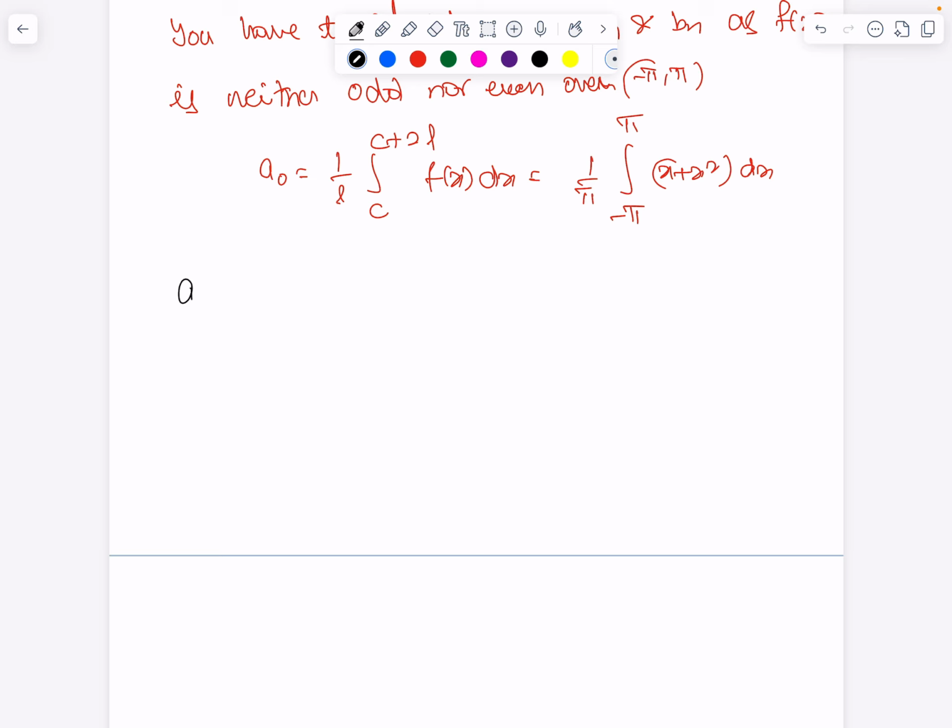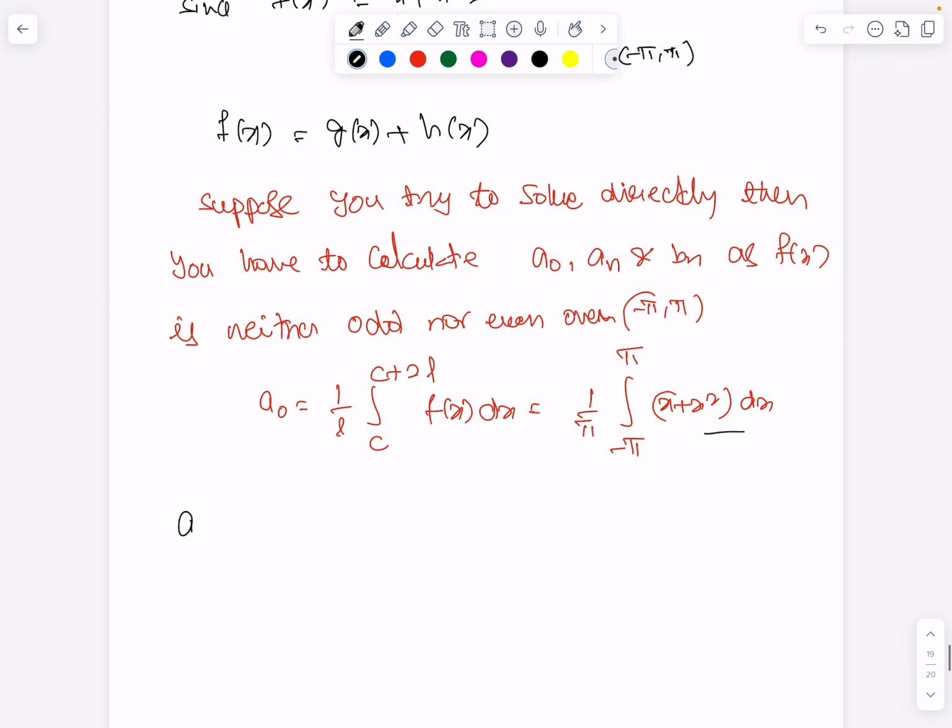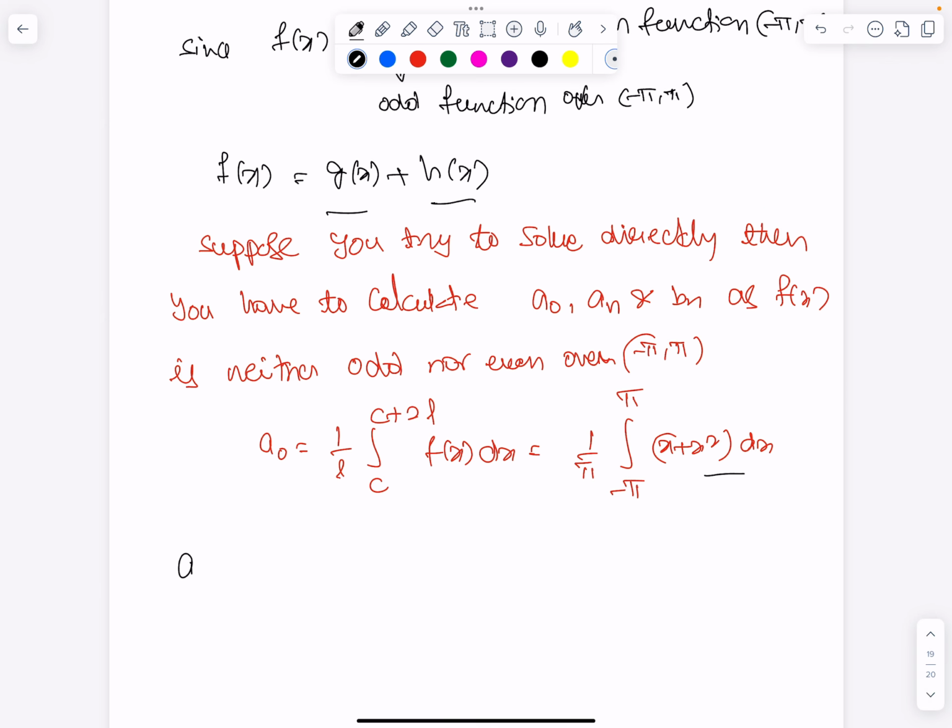Since a naught is directly related to polynomial integration, it is easy to handle. You don't see the difficulty. Why splitting is more important here: while calculating an and bn, you will understand the advantage of splitting the given function into two parts.